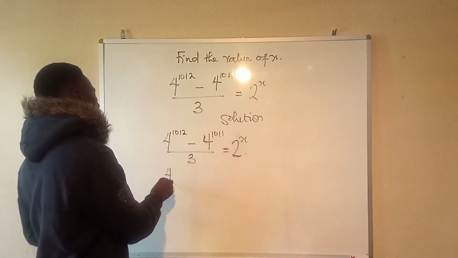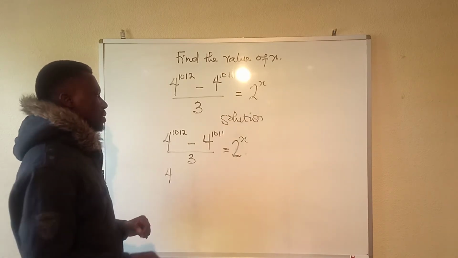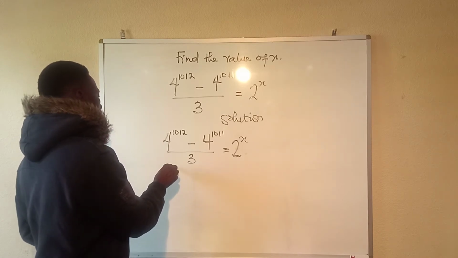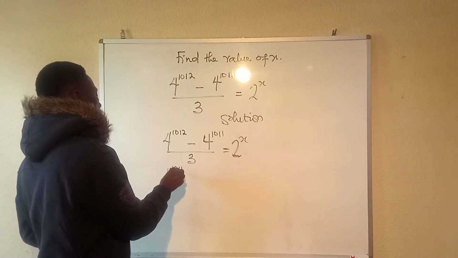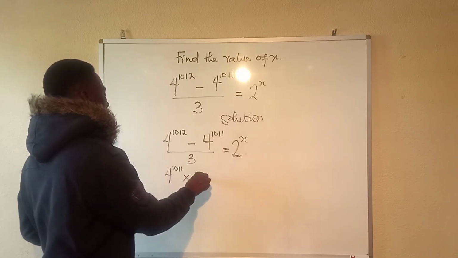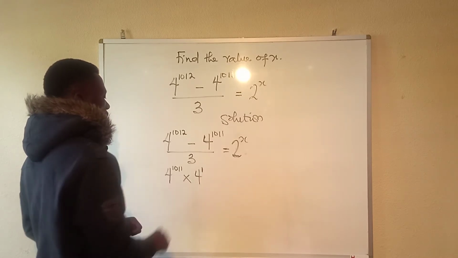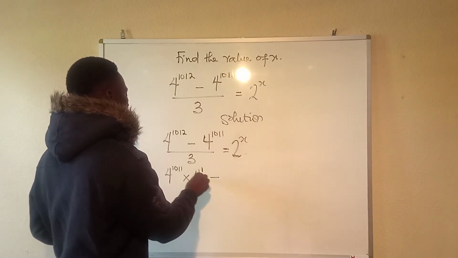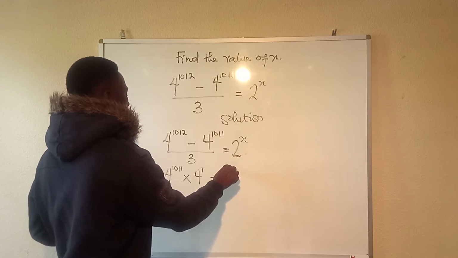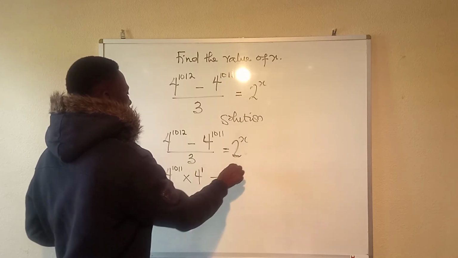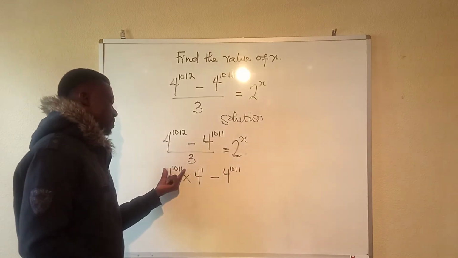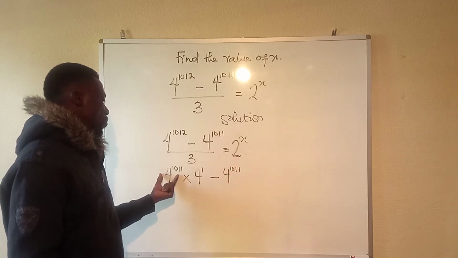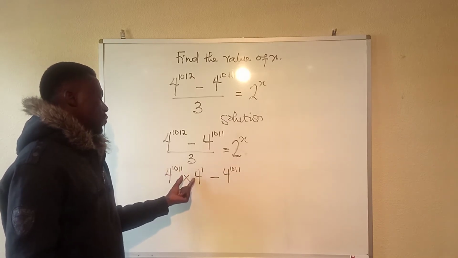We shall have 4 to the 1012 can be simplified as 4 to the 1011 times 4 to the power of 1. All right. So this will be minus 4 to the power of 1011, so that this will agree with this. That is why we have to break this down into 4 to the 1011 times 4 to the power of 1.